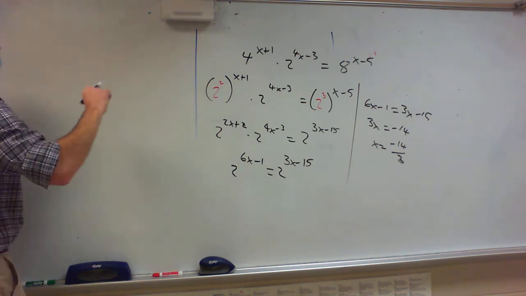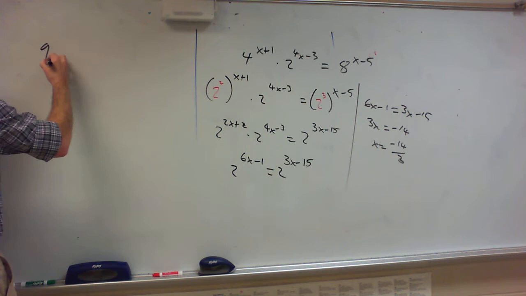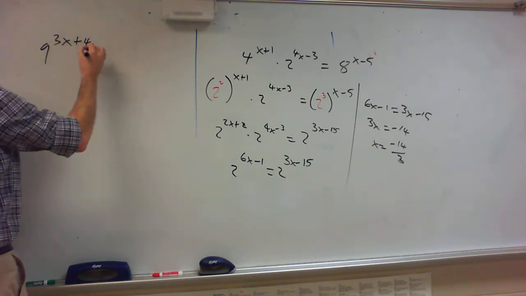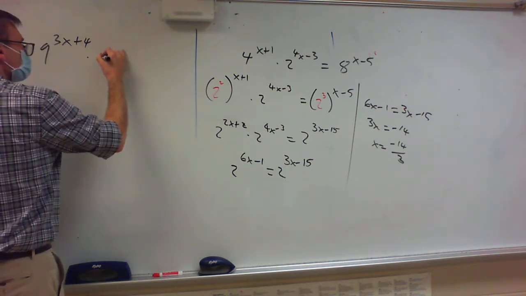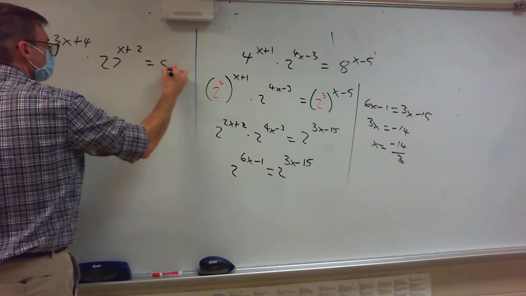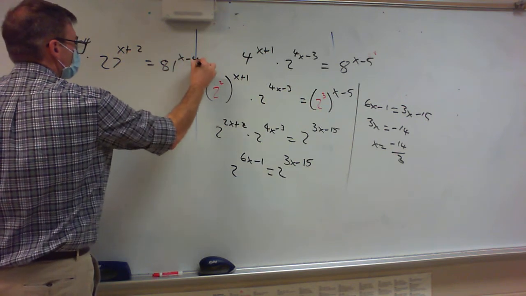Let's have you do 9 to the 3x plus 4 times 27 to the x plus 2 equals 81 to the x minus 4.